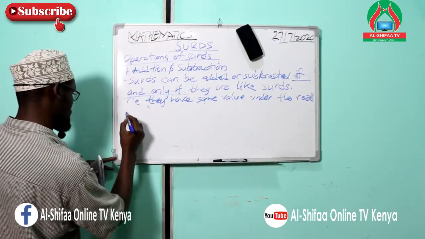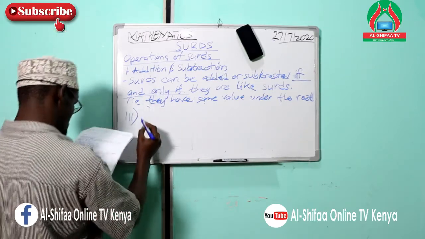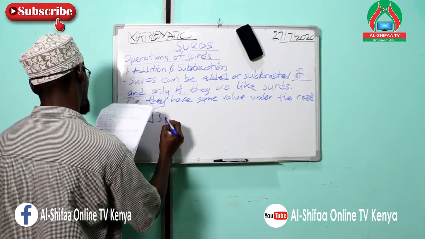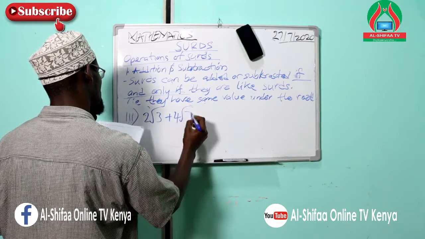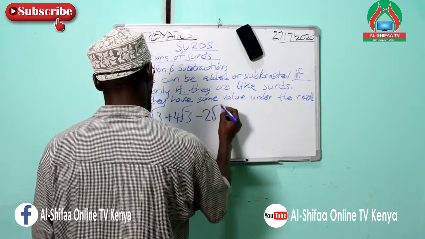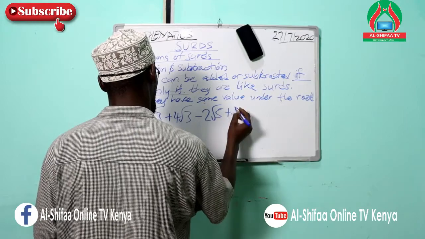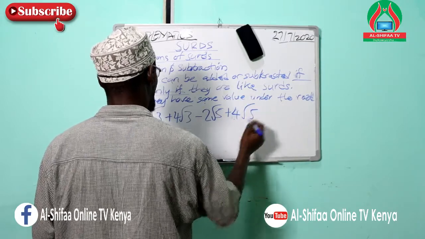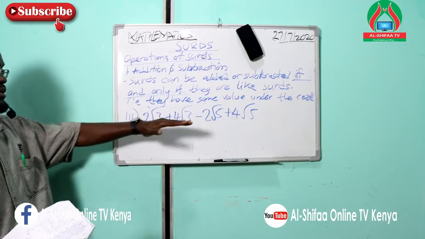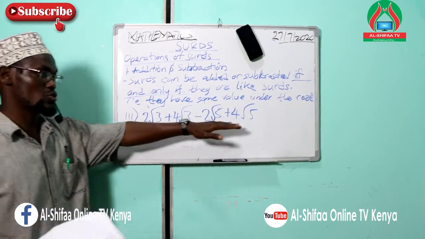You can look into this question: I have 2 root 3 plus 4 root 3 minus 2 root 5 plus 4 root 5. So as a hint, we have the surds with root 3 and those with root 5.